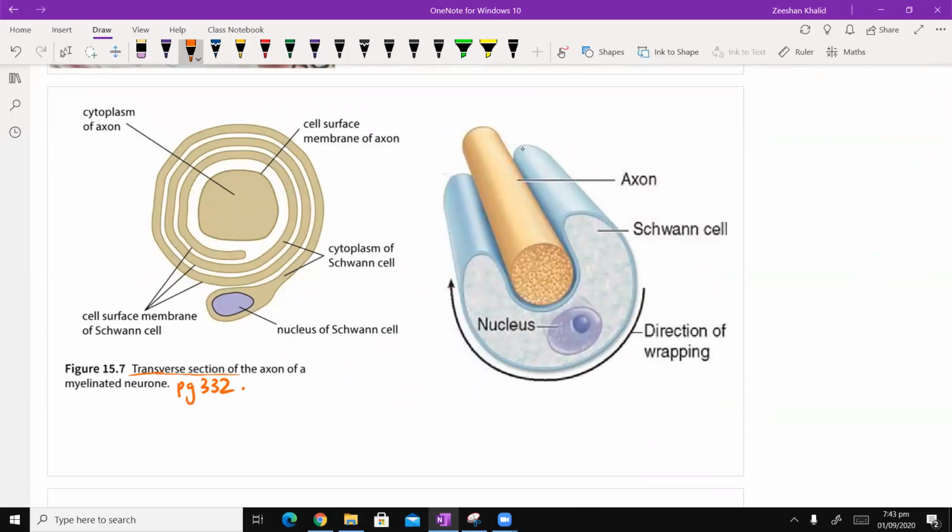This diagram, by the way, is a transverse section of an axon. So this thing in the middle is the axon, and what is on top of it looks like a squid, honestly. It's basically a cell that is literally wrapping itself around the axon. You call this cell the myelin sheath, as you saw in O levels.